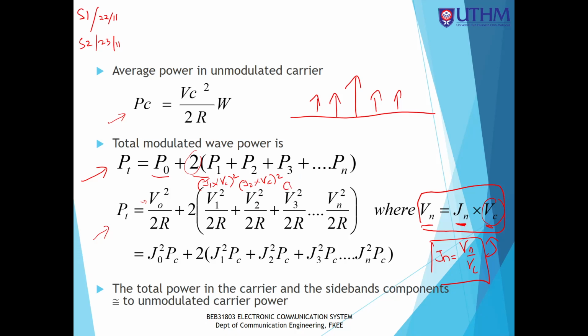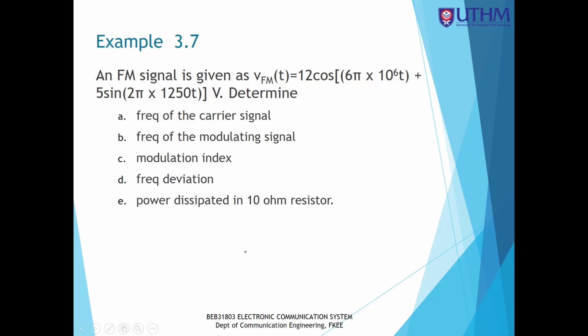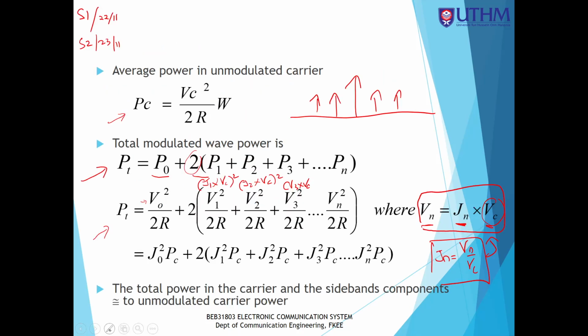Similarly V3 is J3 times Vc square, until Jn times Vc square. You see that even V0 is J0 times Vc square.